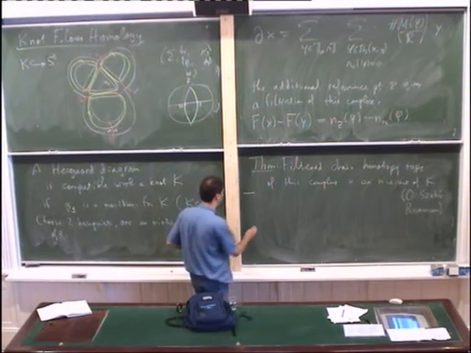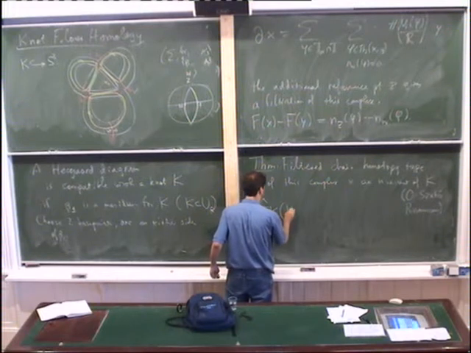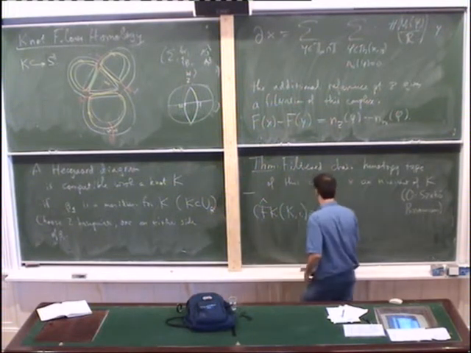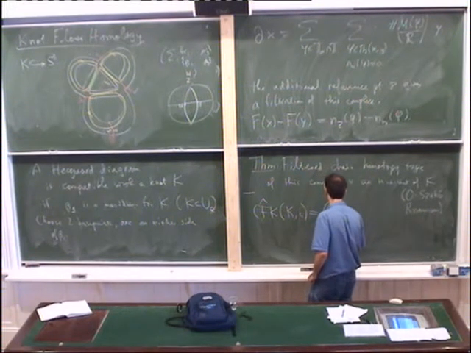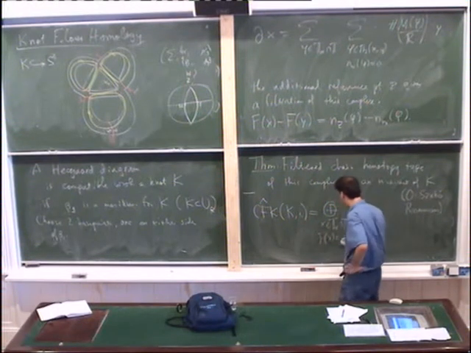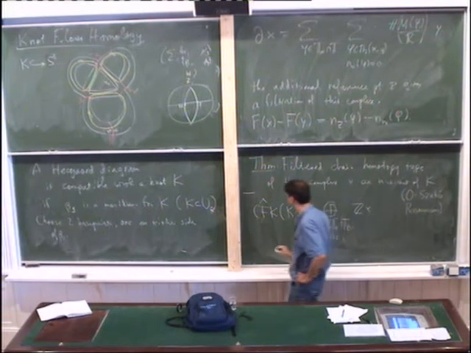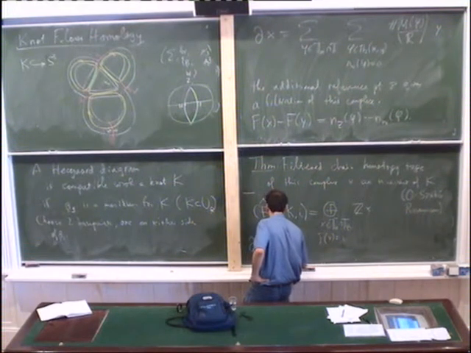And to say that very concretely, we can look at what you might call CF hat K of K, i, which is going to be the free abelian group generated by those points in T alpha intersect T beta for which the filtration level of x is equal to i. And now the differential of x is going to count y in T alpha intersect T beta.